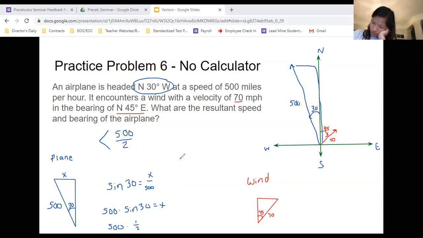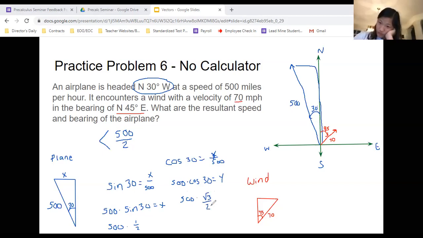And then we are going to find our y component. So we will do the cosine of 30 is y over 500, or 500 times the cosine of 30 equals, sorry, it should be y, is y, which is going to be 500 times the square root of 3 over 2, because the cosine of 30 degrees is root 3 over 2.